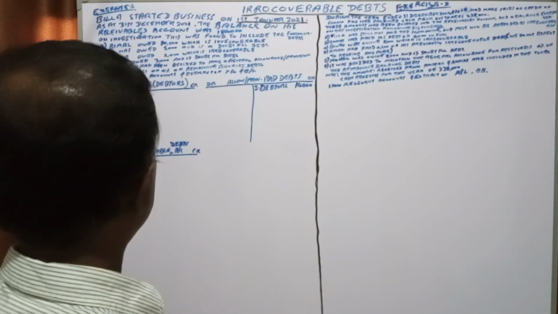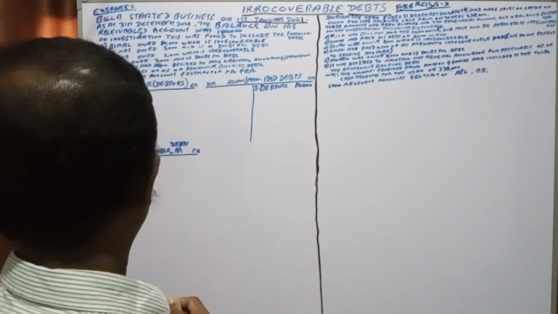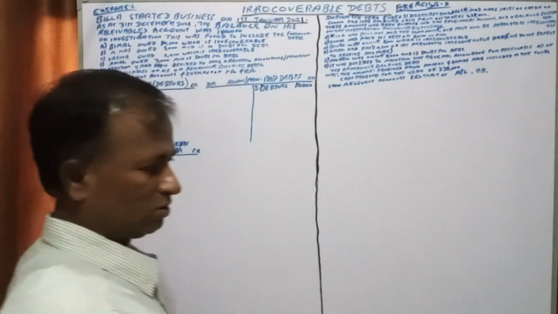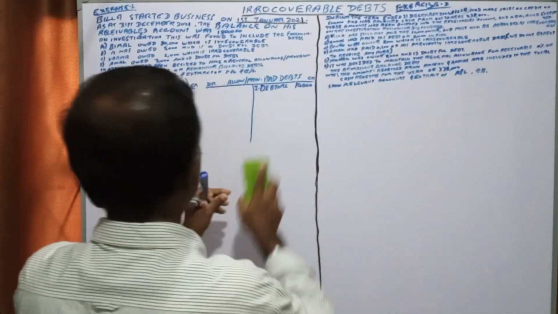Irrecoverable in the sense you have to credit the debtors, not the allowance account.